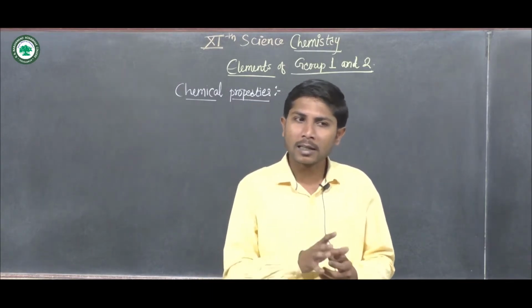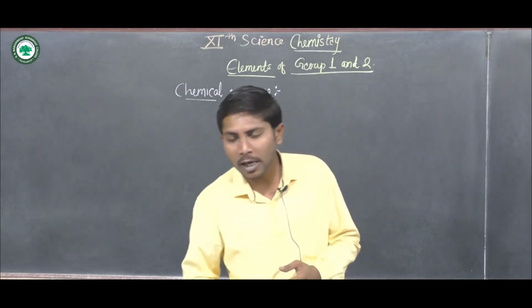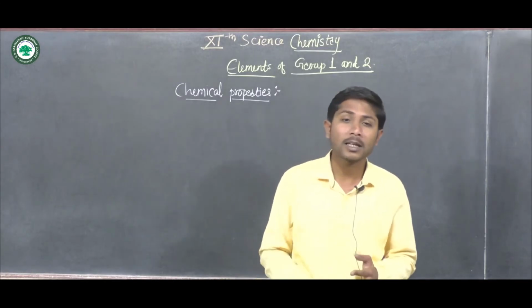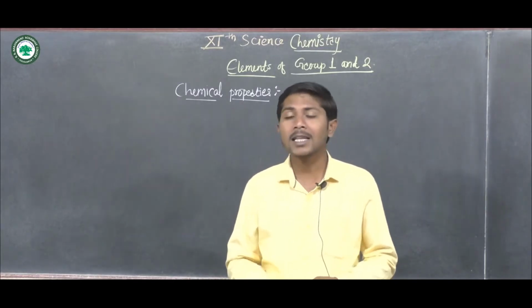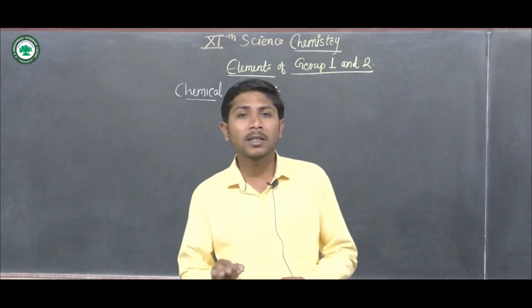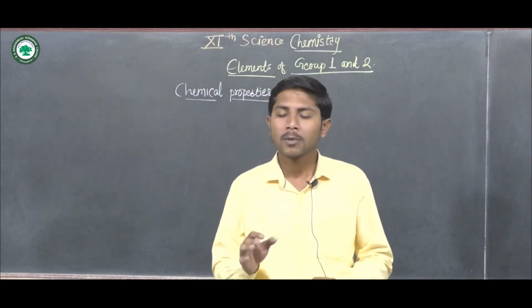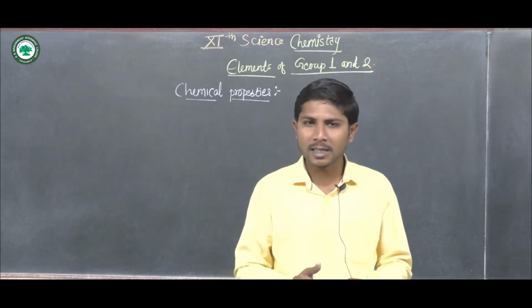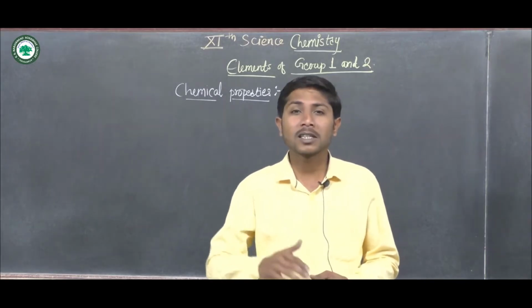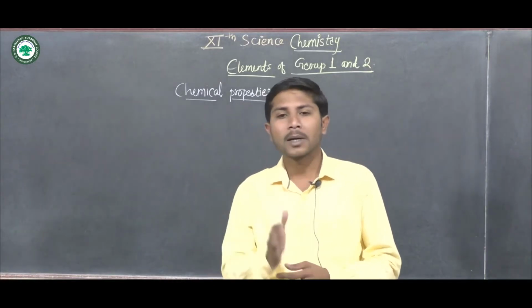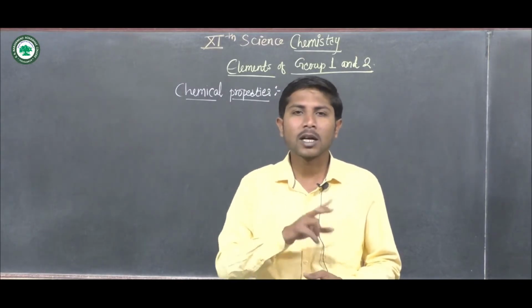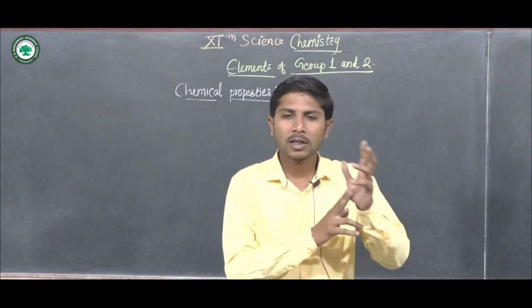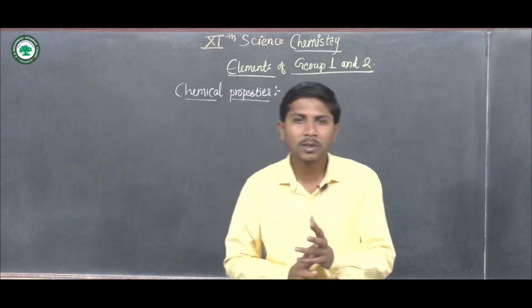As we know, alkali metals belong to group first and alkaline earth metals belong to group second. They show high reactivity in our modern periodic table, as their ionization enthalpy is low. Why? Because as the atomic radius increases, the number of electrons in the outermost orbit is just 1 for group first and 2 for group second.